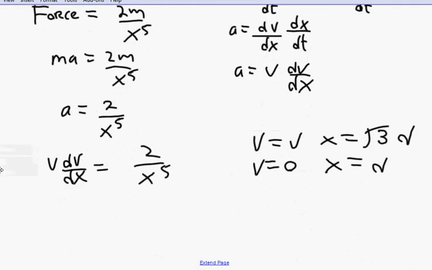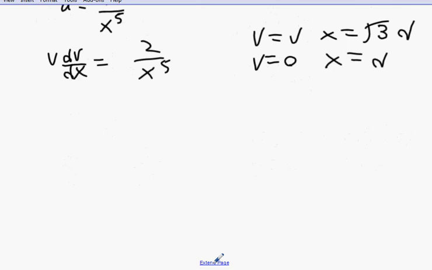Okay, what we're going to do next is this. We're going to integrate, or sorry, first set up the equation.